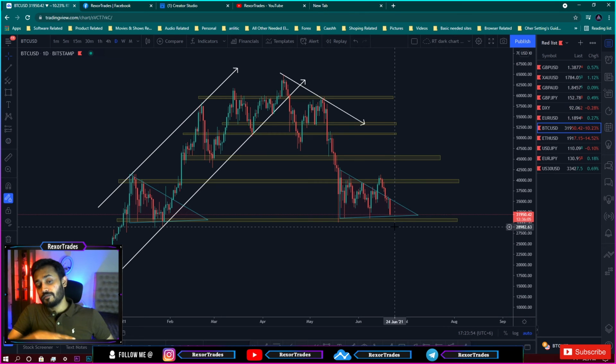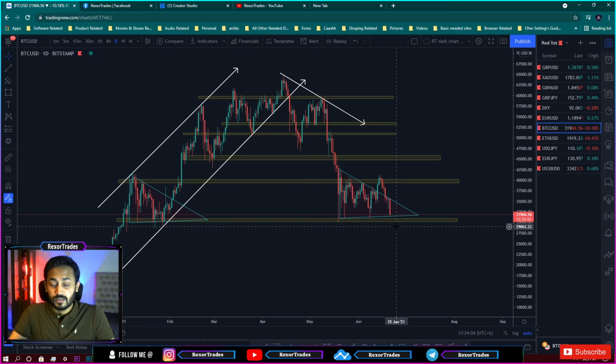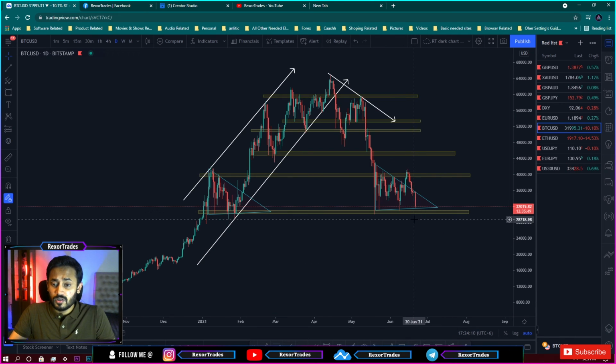But if I'm to give my personal opinion, and I am not basing it on anything else, I think Bitcoin might make more downward movement by breaking and closing below this zone.